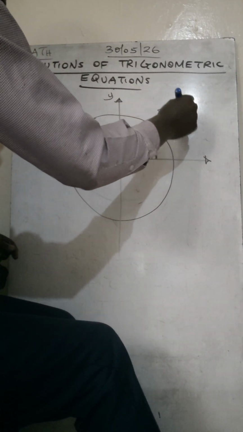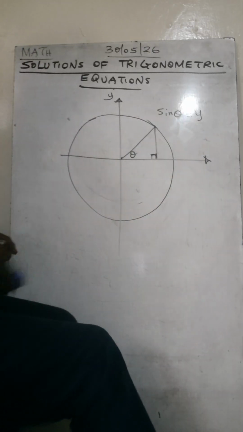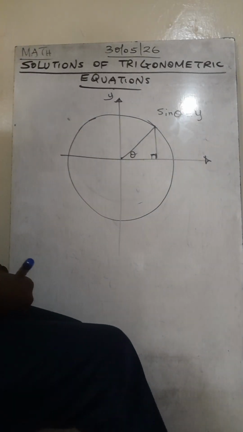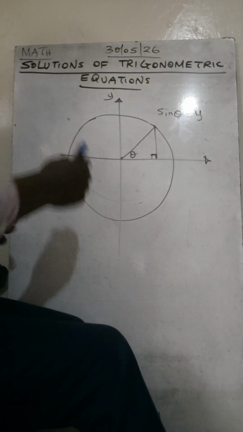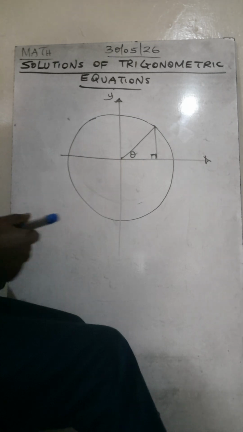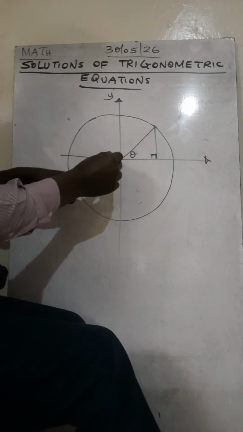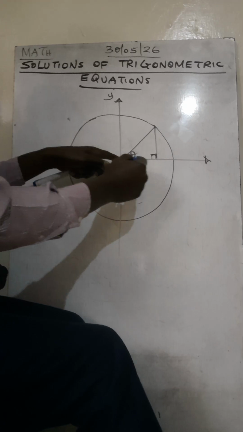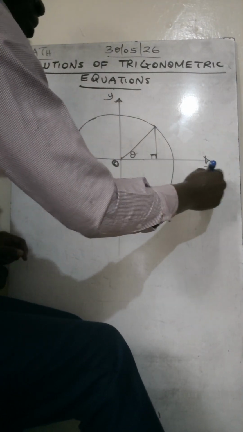sine of theta is given by change in y value from the previous video that we did, change in y values, or even before we do that, using integers. We know that from this origin, from the origin towards this direction, all the values of x are usually positive.